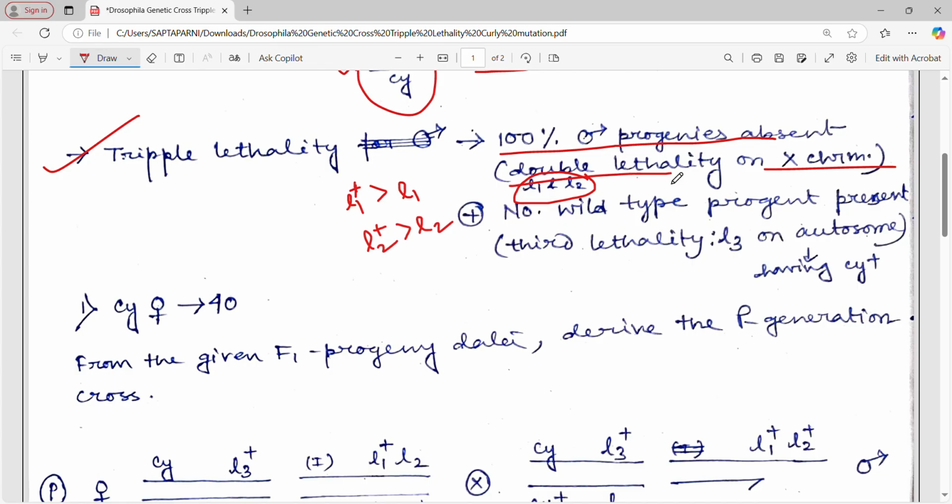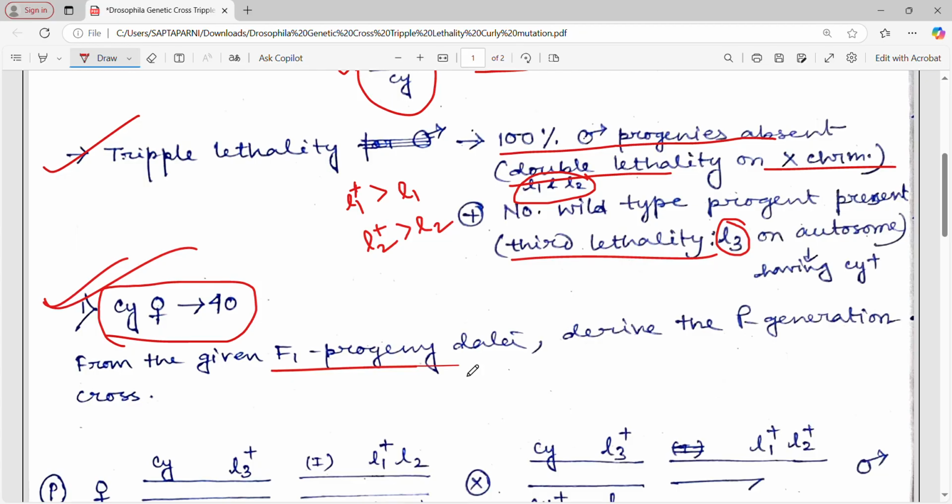Now to introduce the triple lethality, or the third lethality, we have to introduce L3. Now what is L3 and where should we introduce it? See the question that is given here. This is the information regarding F1 progeny data. No male progeny is present here, so obviously double lethality is occurring: 100% of male progeny are absent.